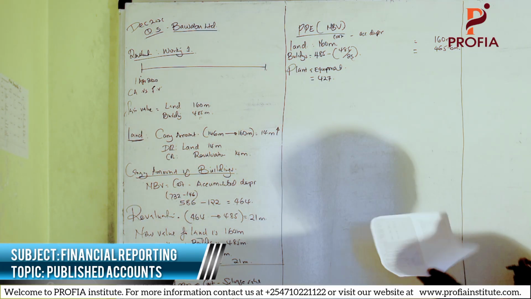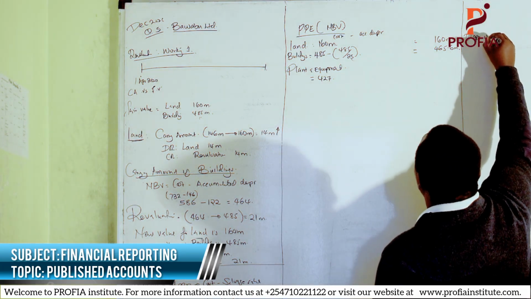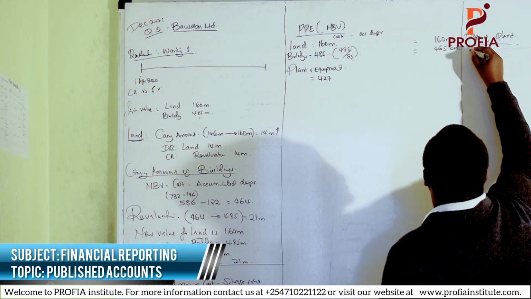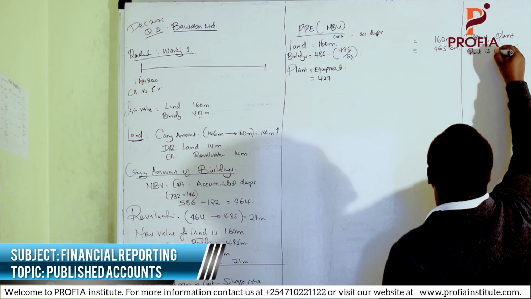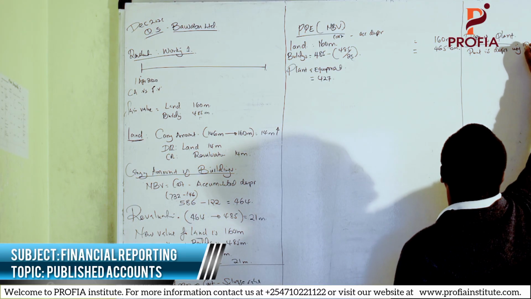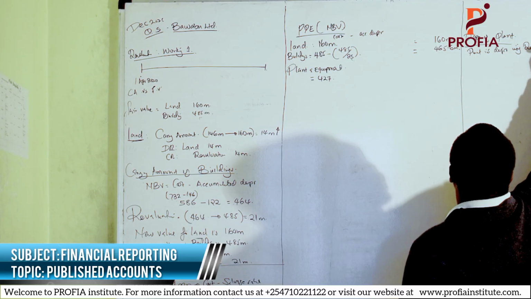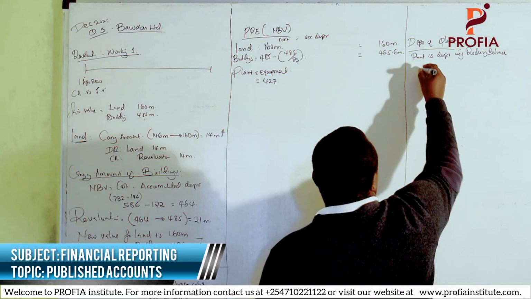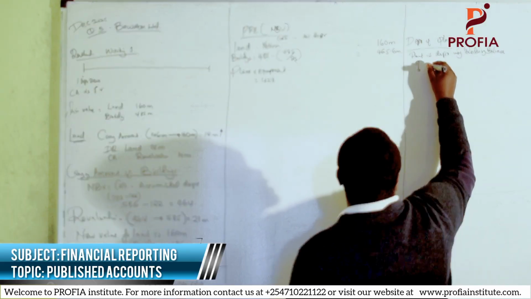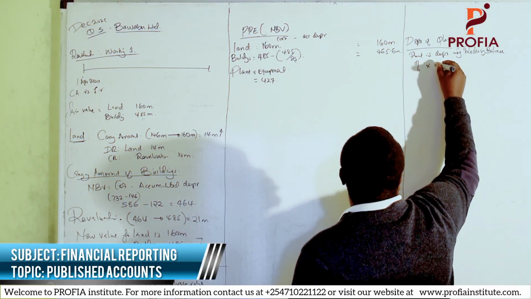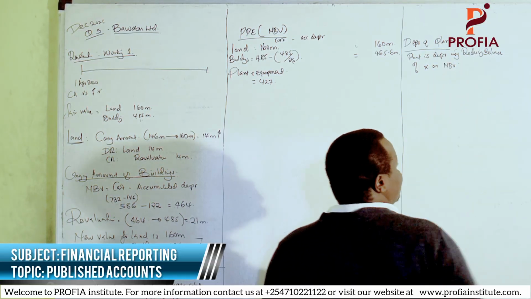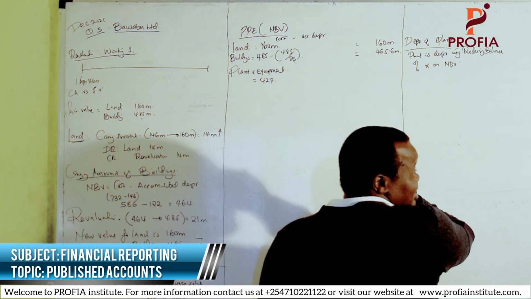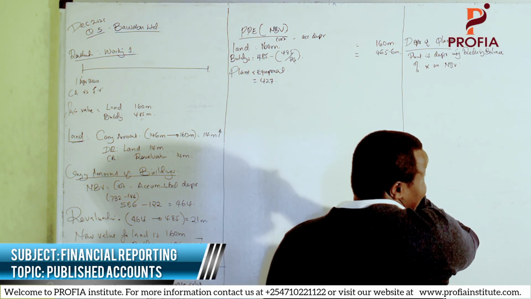Sawa. So if I'm just to do here depreciation of plant for the purposes of your revision, we say plant is depreciated using reducing balance. And we know then if it is reducing balance, the percentage is applied on net book value. So we'll ask ourselves, what is the net book value as at the end of the year of the plant?